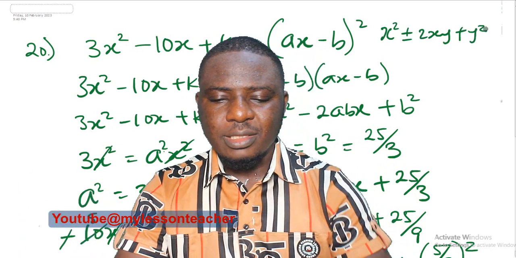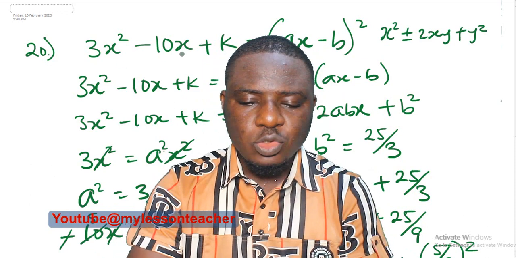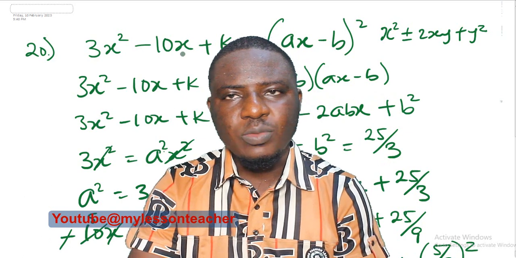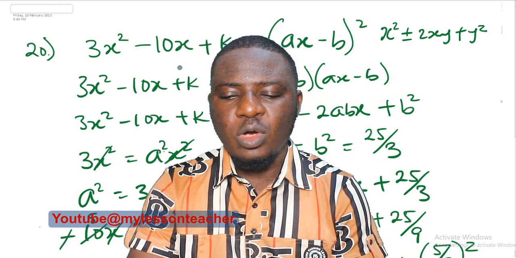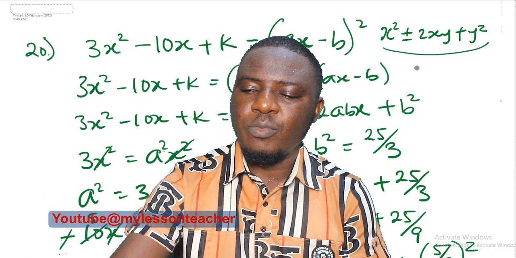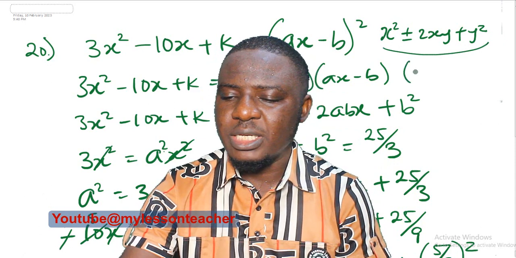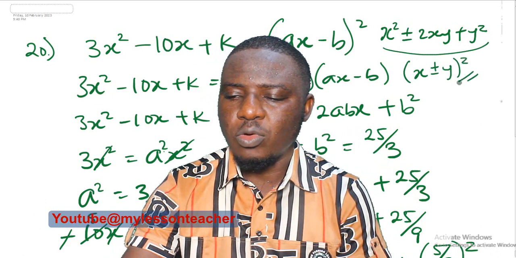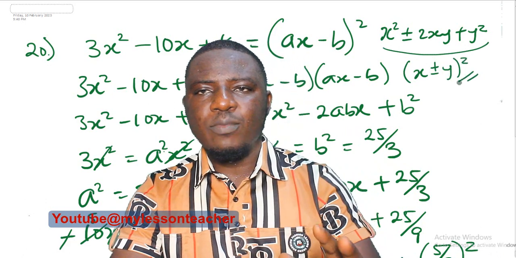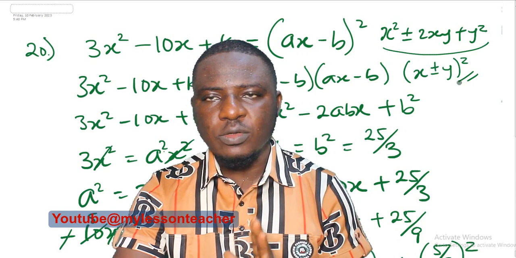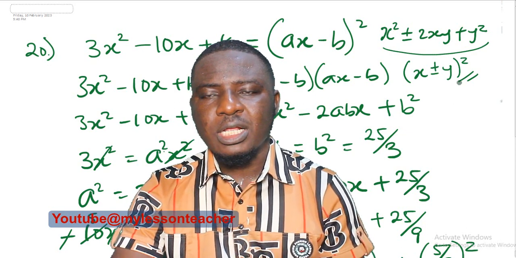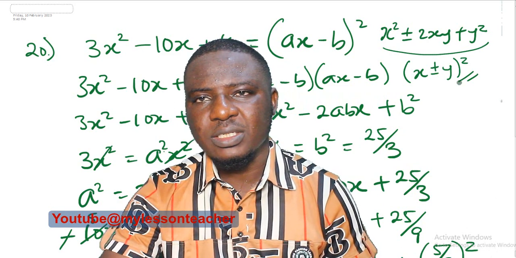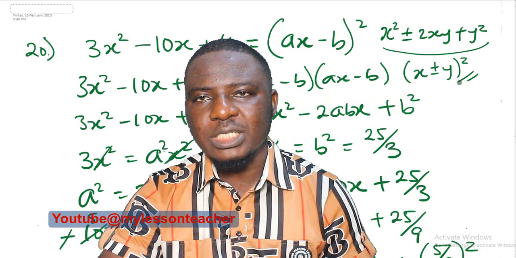So any term that when added to this expression makes it a perfect square is said to be that term that is required. And once you have expressed it in this form, you can then factorize it to be equal to x plus or minus y all squared. And I have been able to solve 20 good examples for you using two different methods that best factorize perfect squares. And that brings us to the end of today's class.